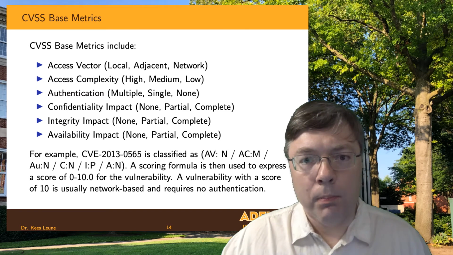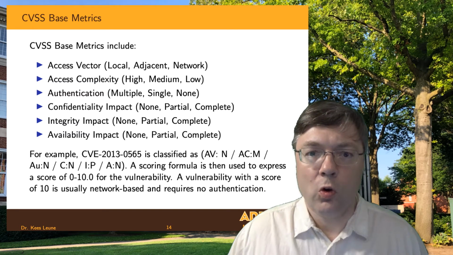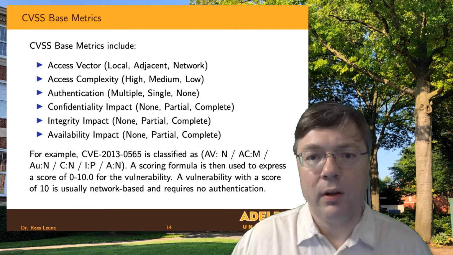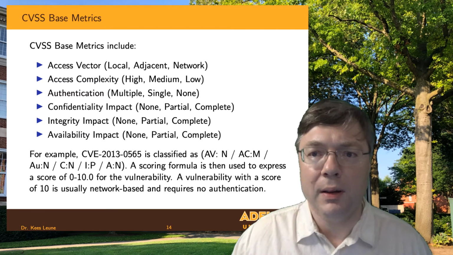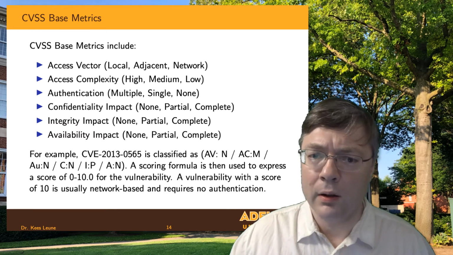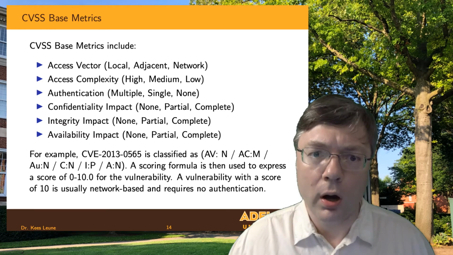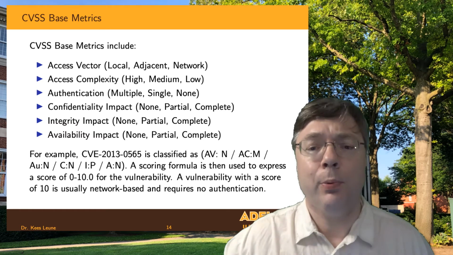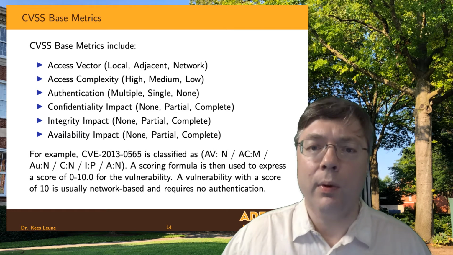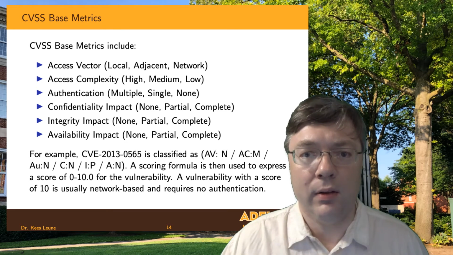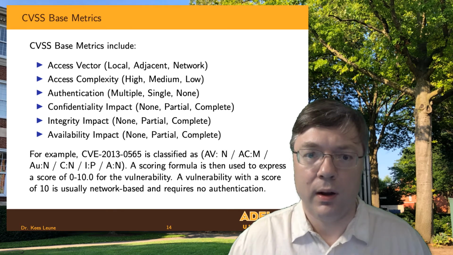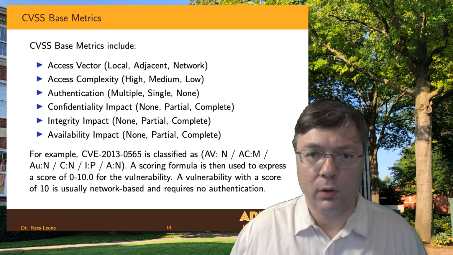In the end, plugging in those numbers gives you a score between 0 and 10.0. But 10.0 is really bad, at least potentially really bad. Not all 10s are excessively bad, but most 10s are. So if you see a 9.8 or a 10, you really want to pay attention and probably make a decision to patch that sooner rather than later, if it's present in your environment, especially if it's present in critical locations.